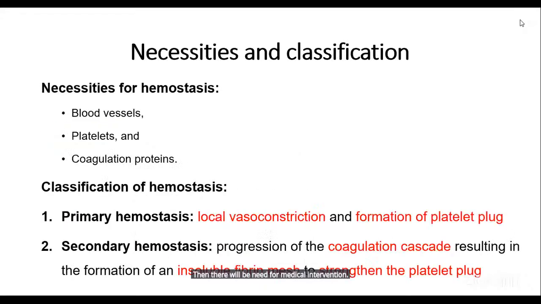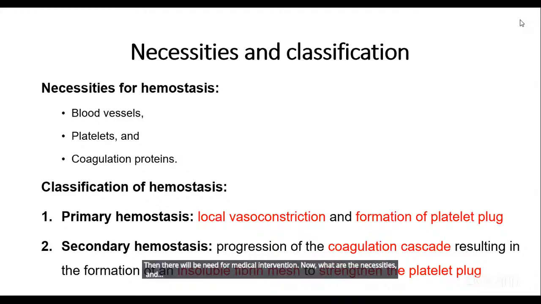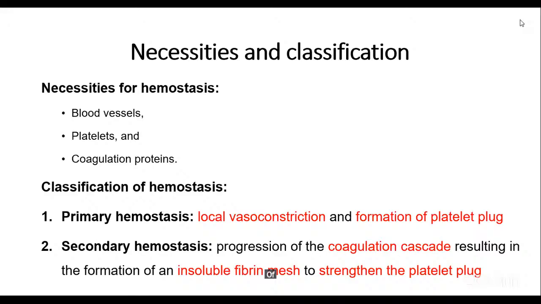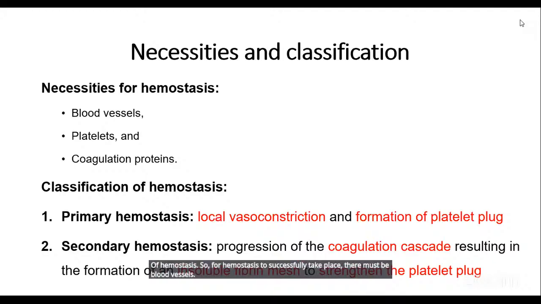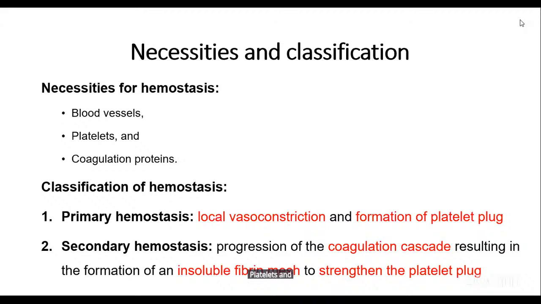Now, what are the necessities and classification of hemostasis? For hemostasis to successfully take place, there must be blood vessels, platelets, and coagulation proteins. And hemostasis is classified into two: primary hemostasis and secondary hemostasis.